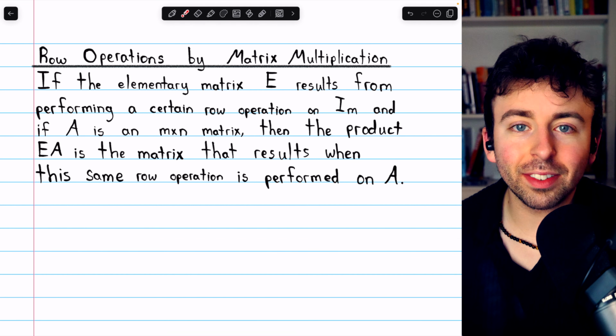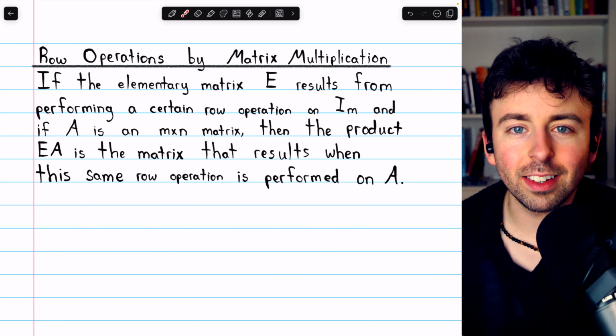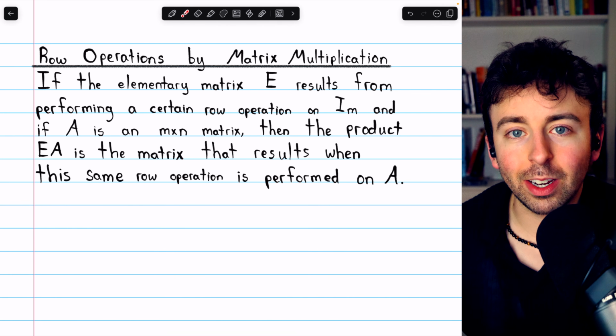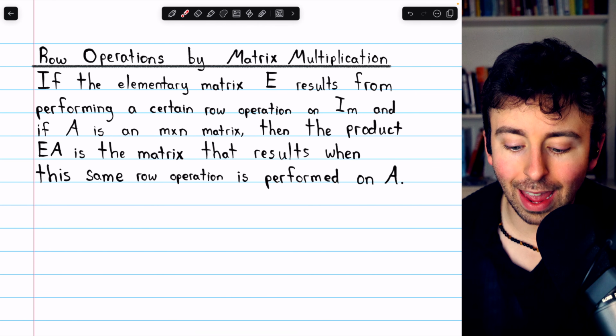One of the most interesting things about elementary matrices is they give us a way to view elementary row operations as matrix multiplication.